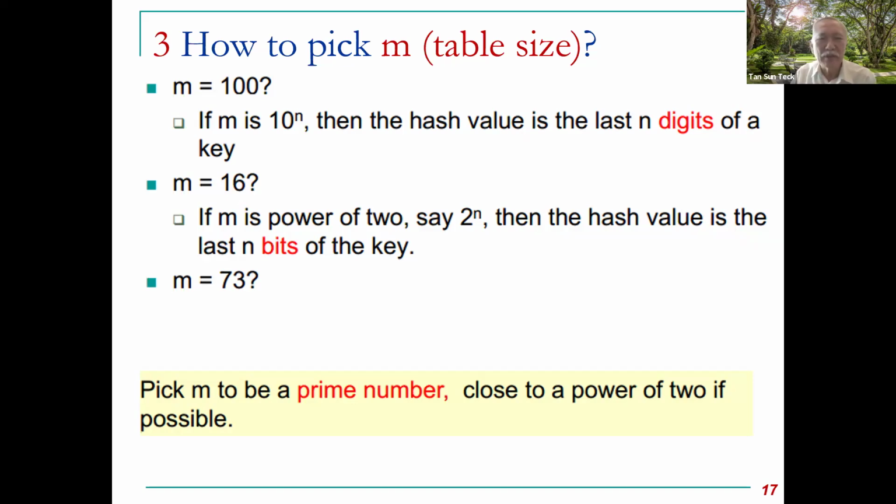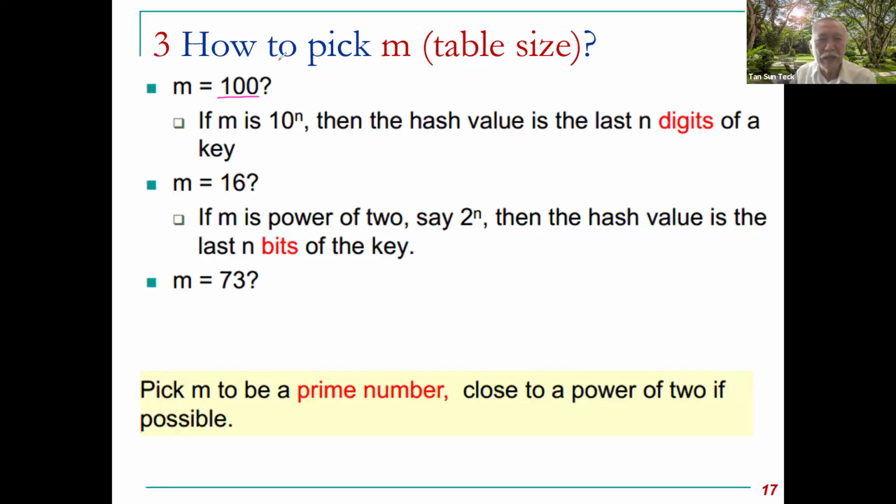So what would be a good table size? We say that the table size shouldn't be a multiple of 10. Every time you divide a value by 10, the remainder is the last digit. If you divide by 100, the remainder is the last two digits, and so on.